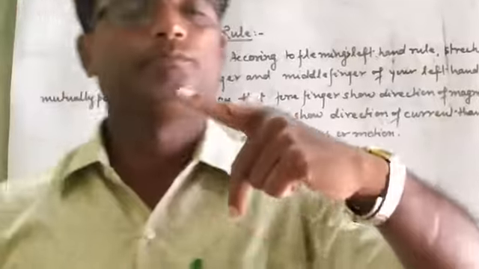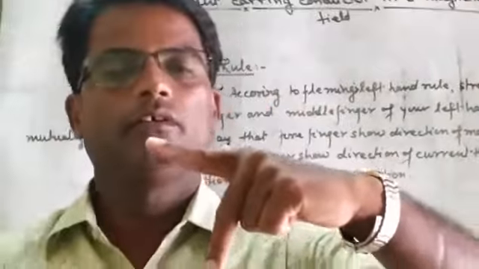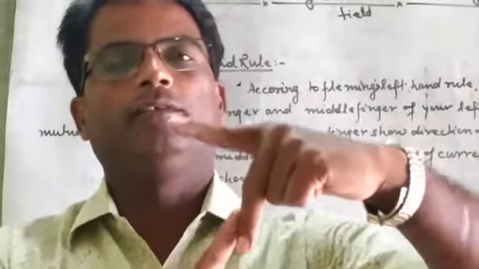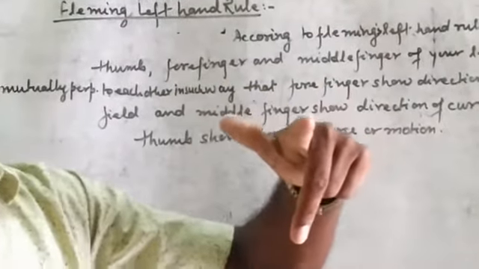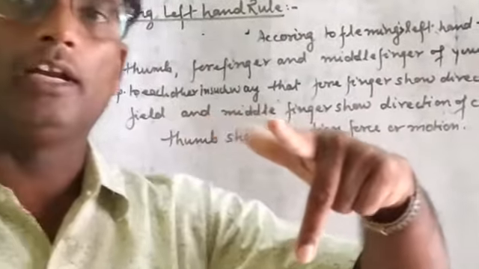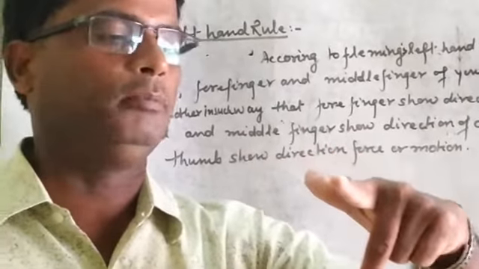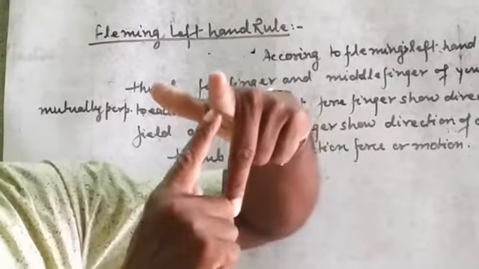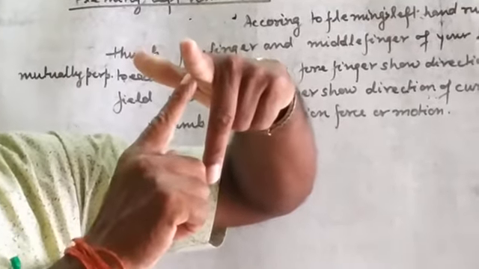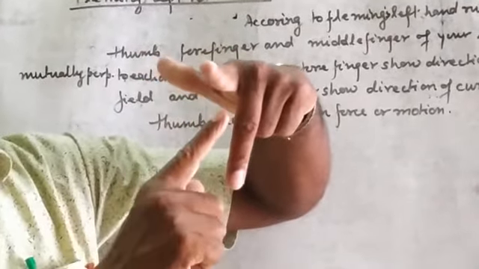You see here, this is our left hand: forefinger, middle finger and thumb. In between them, how many angles are formed? 90 degrees.